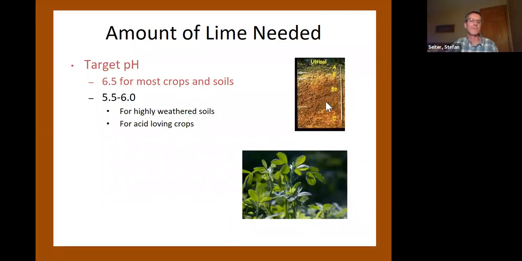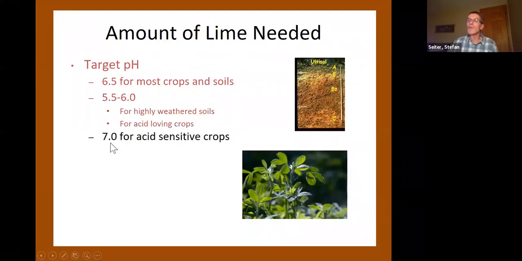Most Christmas tree soils are Jory soils. Many of our vineyard soils are Jory soils. And you don't want to shoot for 6.5 on those. You want to shoot maybe for 6, and that's okay. And for some acid-loving crops, like blueberries, you would go even lower, to 5 or 5.2 or so.